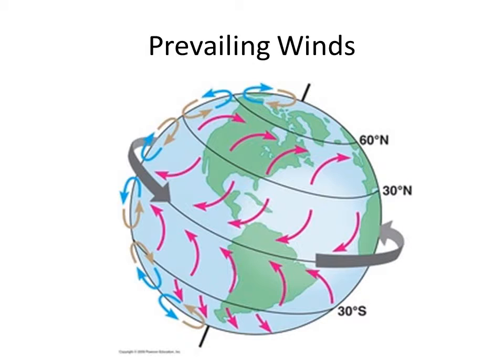And because the Earth is rotating, this moving air acquires a prevailing direction. For example, if you look at this map in North America where Philadelphia is, you'll see that the air movement is mostly from the west. So we say that our prevailing wind in the middle part of North America is from the west.